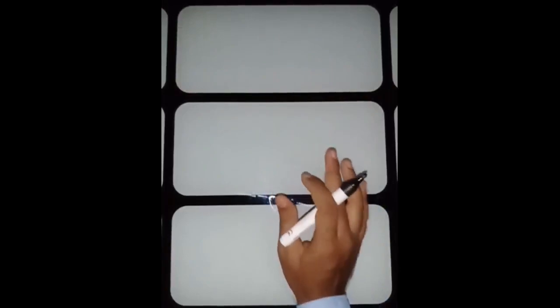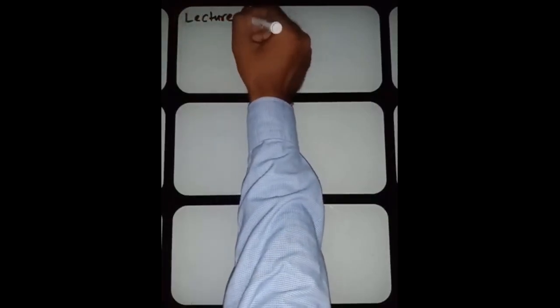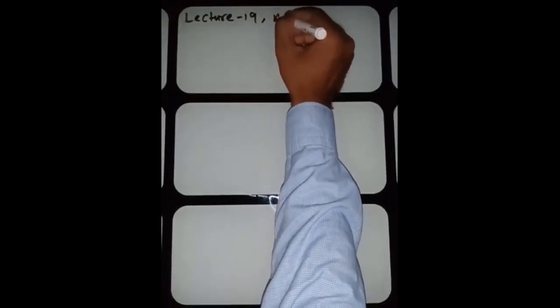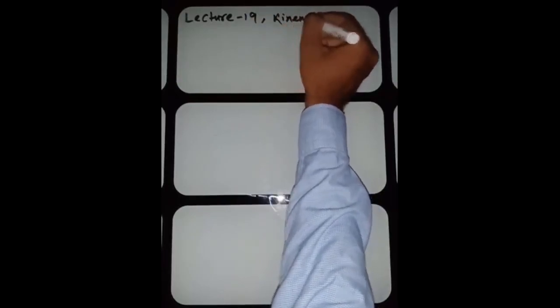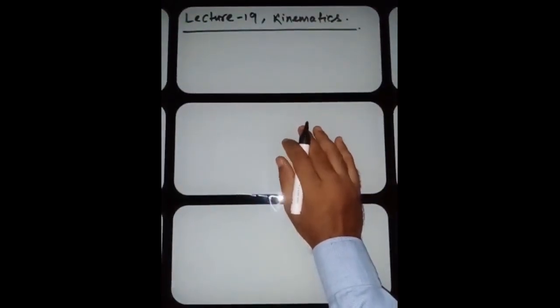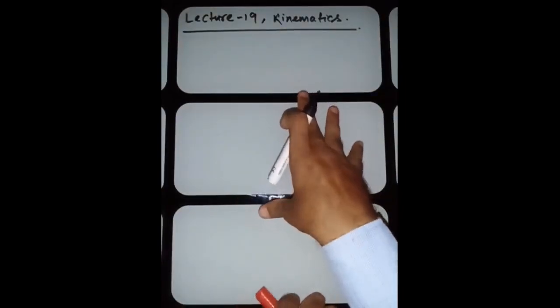Today we will be in lecture number 19. Okay, kinematics. Students, you will find this particular topic in your NCERT chapter number 3, named Motion in a Straight Line.